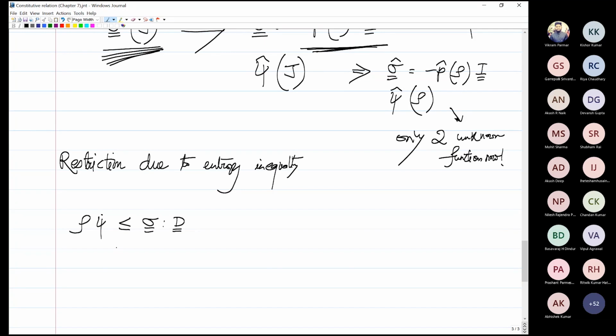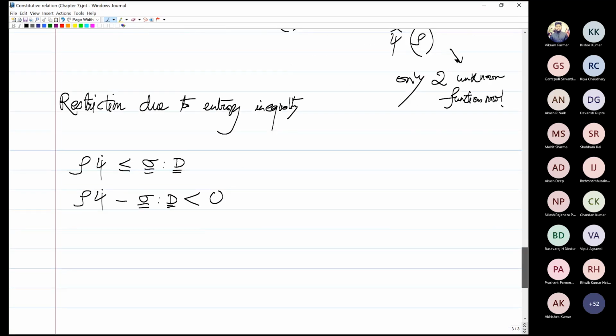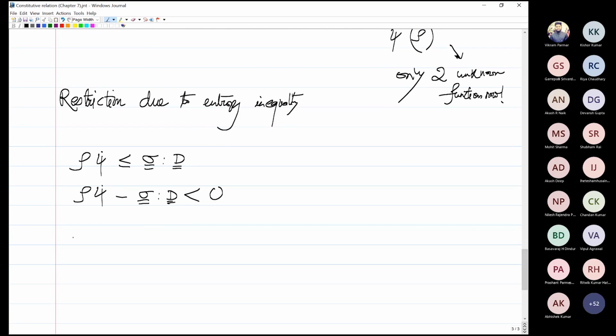Or we simply say rho psi dot minus sigma double contraction d is less than or equal to 0. Now we plug in the constitutive form, so we have rho del psi hat by del rho into rho dot, isn't it?